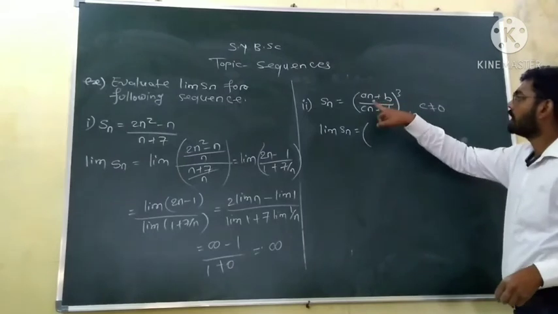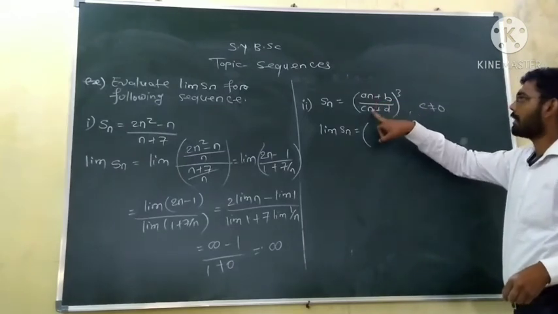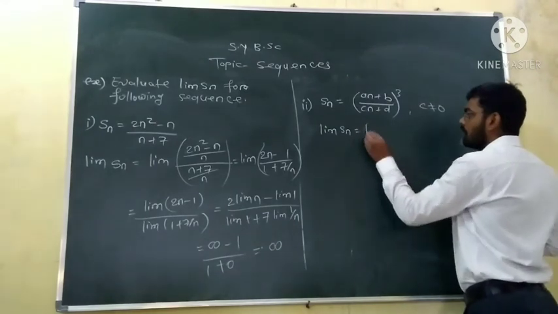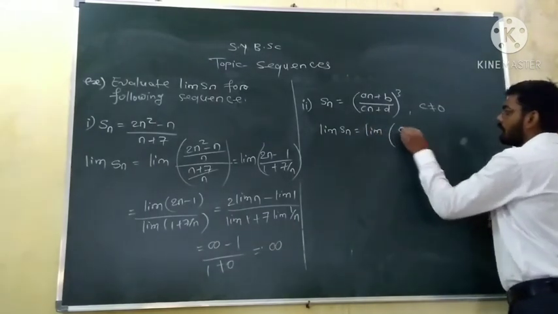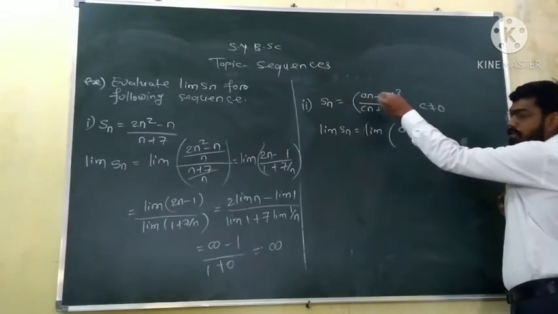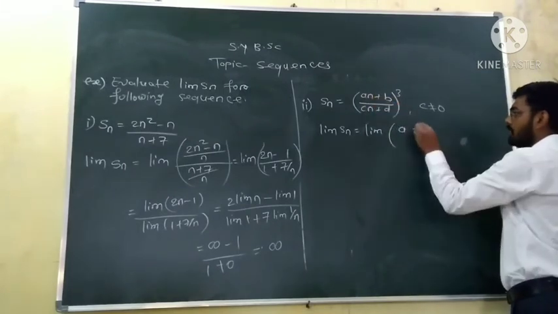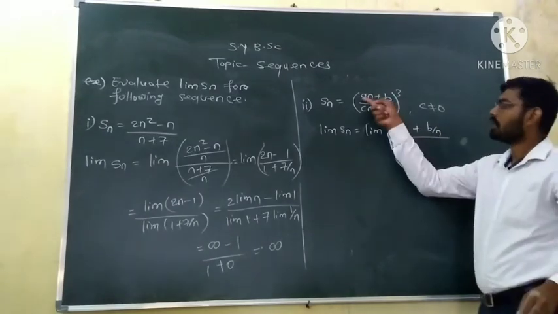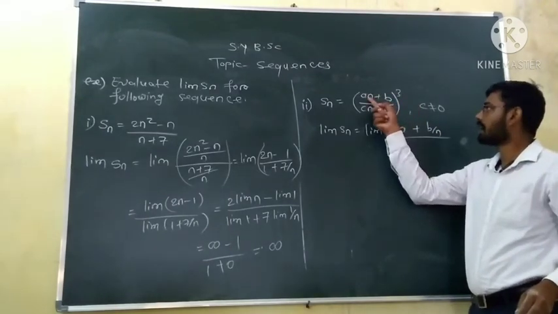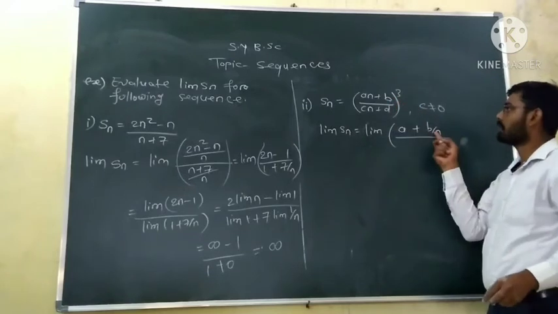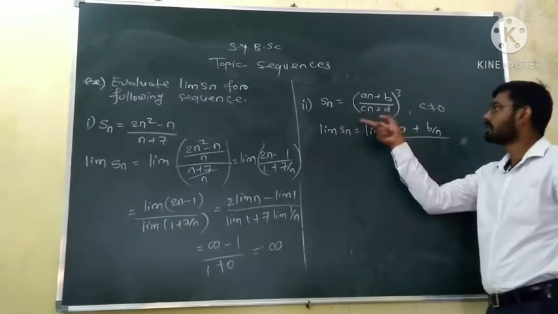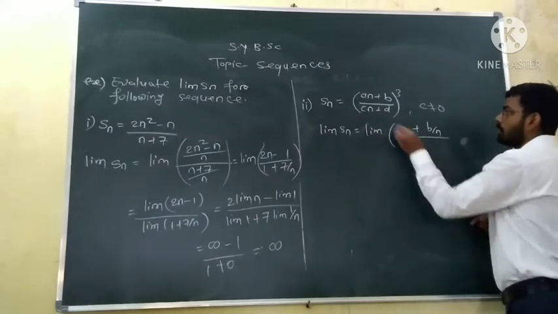Before that, we divide numerator and denominator by n. Dividing the whole numerator by n, we get a plus b by n, since n gets cancelled. In the denominator we divide the whole denominator by n, so n gets cancelled, giving c plus d by n.